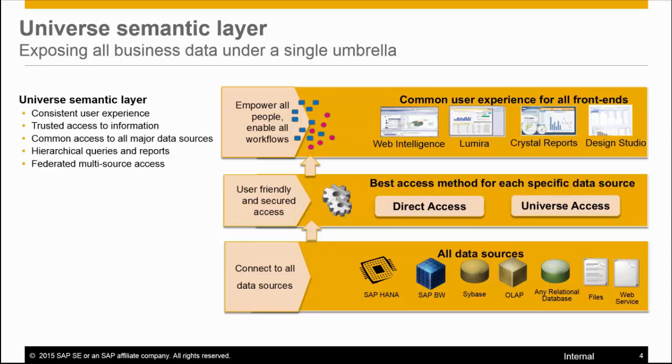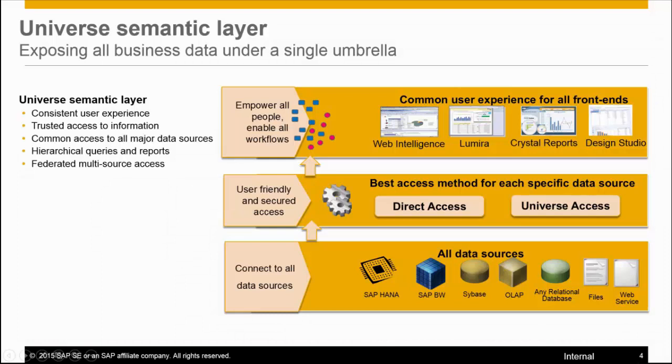And in order to access those data sources, what you do is you actually build universes using the information design tool in BI 4.x. In addition to building universes, you also have the capability to connect to some data sources directly. And what I'm specifically referring to here is the ability to connect to BW BEx queries from Web Intelligence using the direct access method.